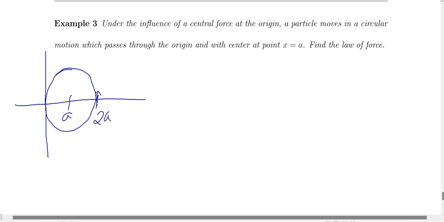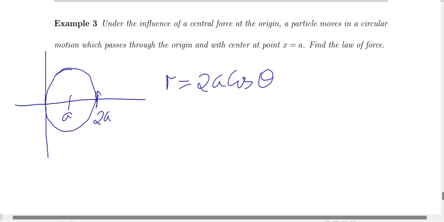So the equation of a circle of this kind is r is equal to 2a cosine of theta. So you see that when theta is 0, that is along the x-axis, r is equal to 2a. It will be at this point.